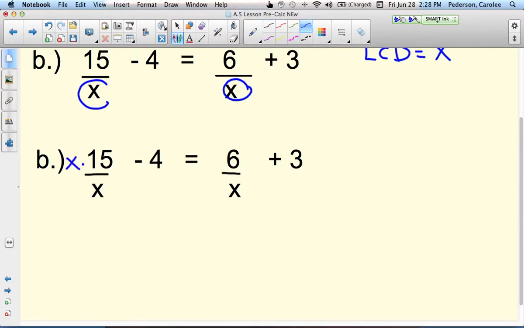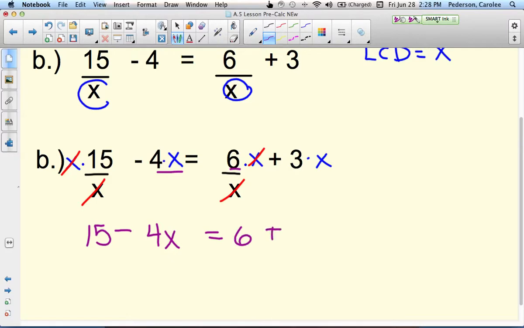So I have that x here, an x here, an x here, and an x here. Now the nice thing about multiplying all terms by the LCD is your fractions will cancel out. This x and this x will cancel out to be 1s. This x and this x will cancel out to be 1s. So now we're left with 15 minus, and then 4 times x is 4x, equals 6 plus 3x.